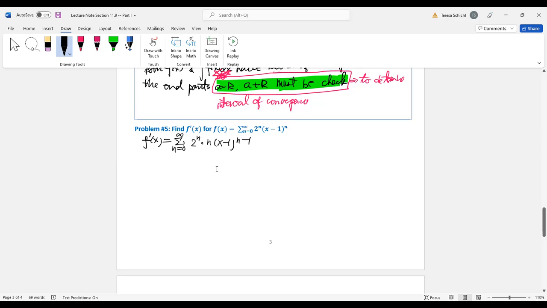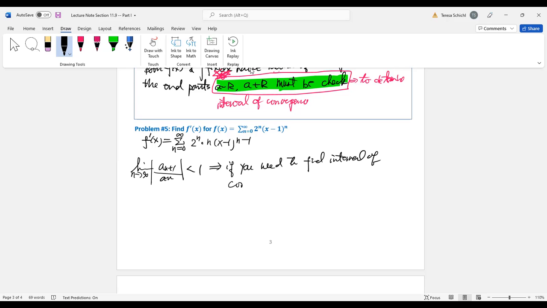Of course, if you want to find the interval of convergence here, then you need to use the ratio test. In here, you will say a n plus 1 over a n is less than 1, then you check the endpoints.